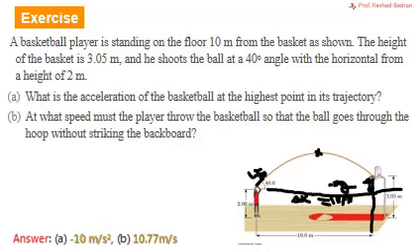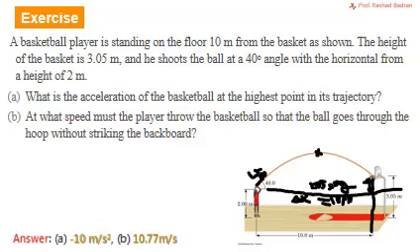And delta y, as given, is nothing more than 3.05 minus 2, that is 1.05. So this is the information we got: delta x, delta y, and the angle of projection.